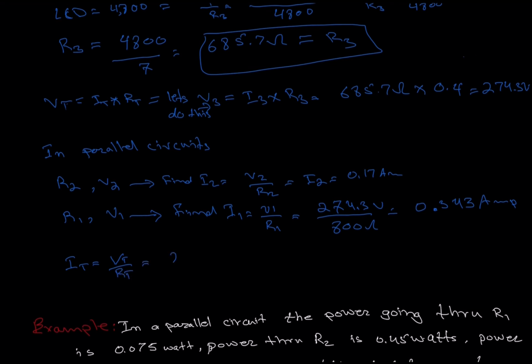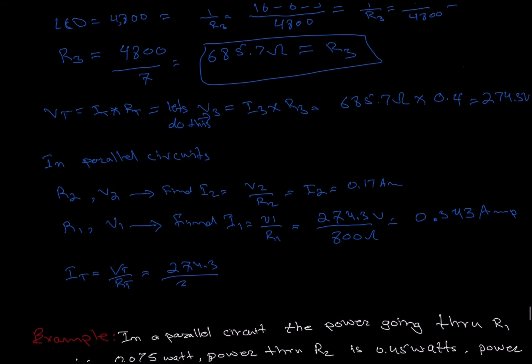VT is 274.3 divided by RT, which is 300 ohms. 274.3 divided by 300 will give me 0.914 amp. Now, I1 plus I2 plus I3 should equal IT.